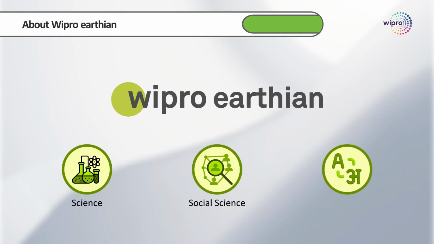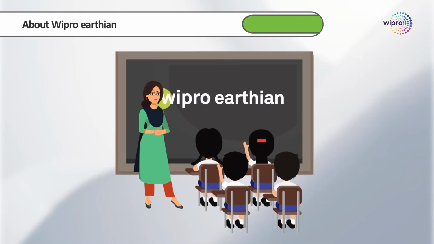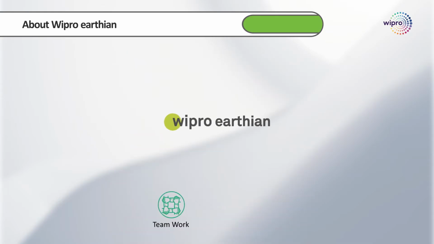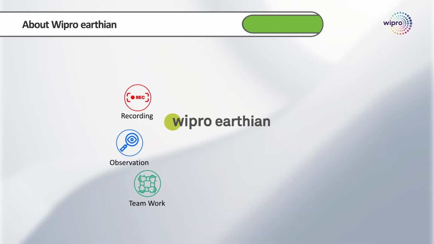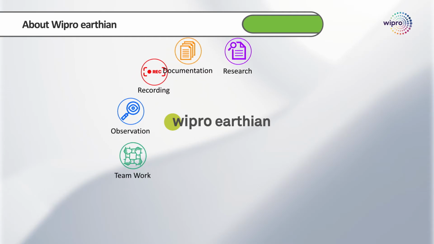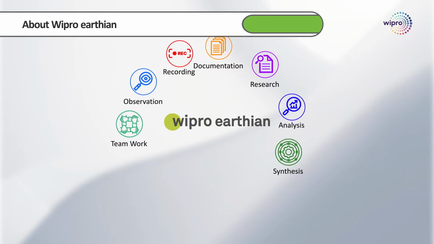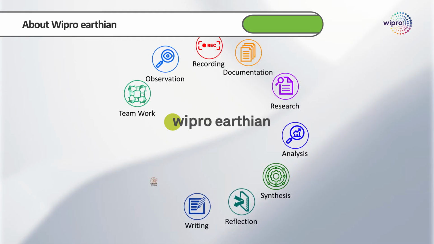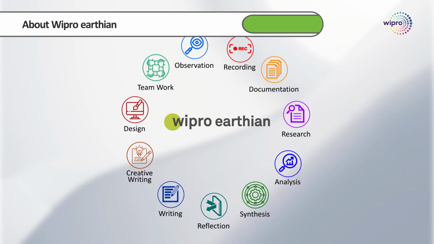It will also help with language development. It also provides the teacher and students opportunities for developing important skills like teamwork, observation, recording, documentation, research, analysis, synthesis, reflection, writing, creative writing, and design.